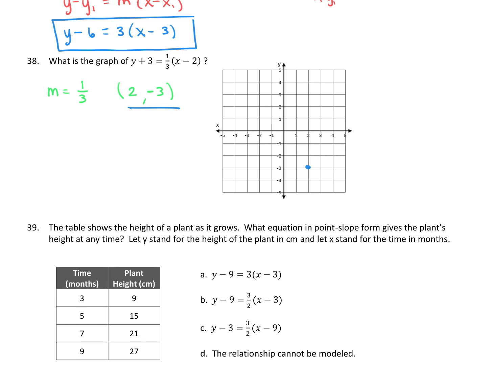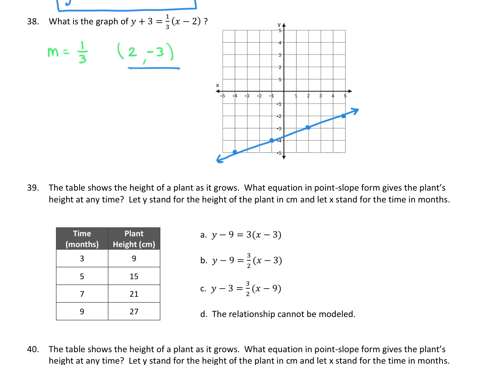Rise 1, right 3. And then to get the points on the left side of your point, instead of rising 1, we're going to go down 1 and to the left 3. Down 1, left 3. And once you have filled up your graph with points, then you draw a straight line through it with arrows on the end because lines will continue forever in both directions.